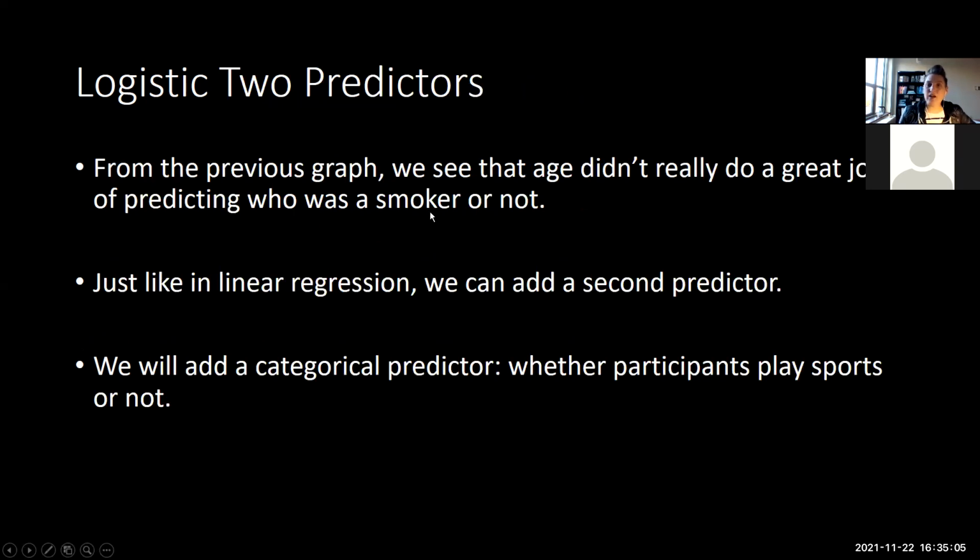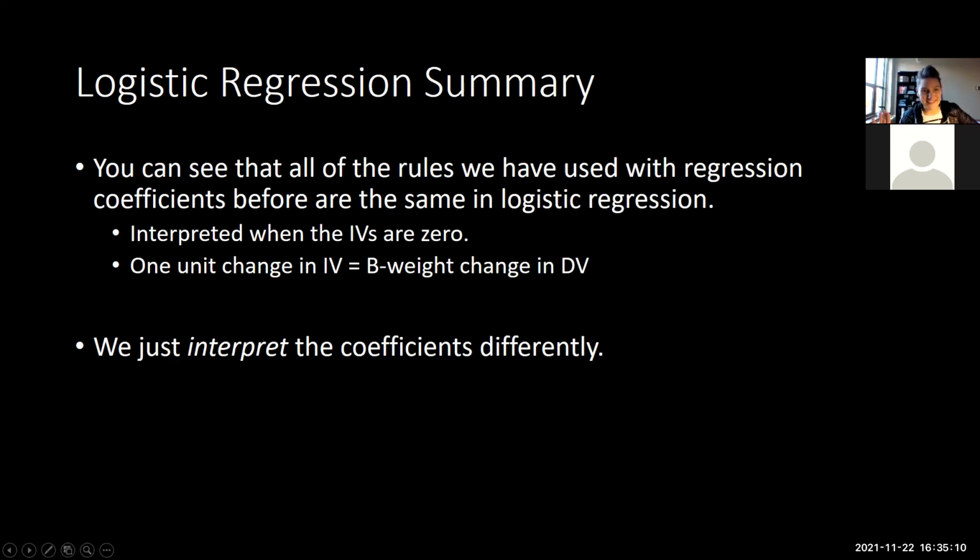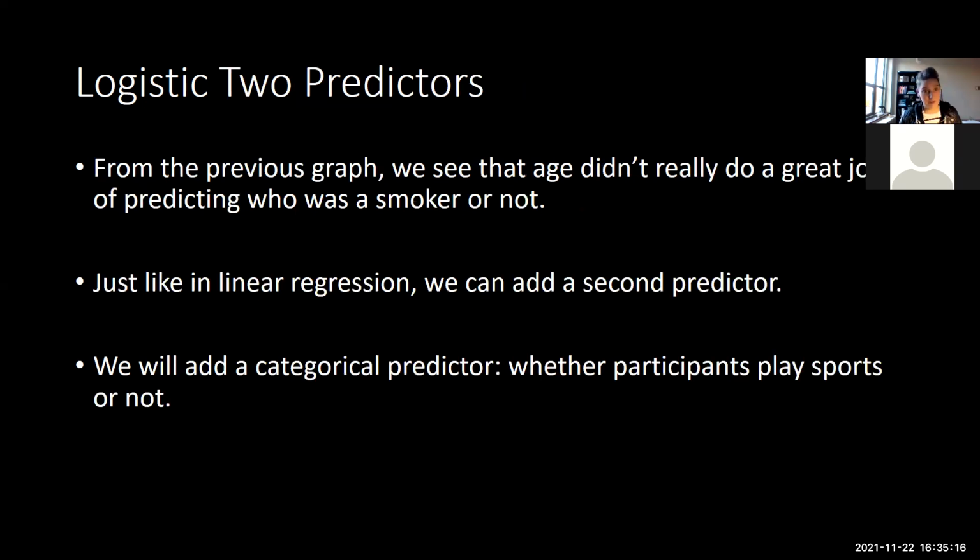So we can see in our previous plot, that was just the basics of logistic regression with one continuous variable. And now we're going to add some more variables in because you saw there was a lot of room to grow in that model. Age is doing an okay job of predicting who's a smoker or not, but it's not great.